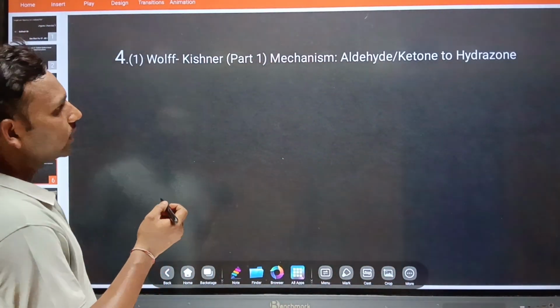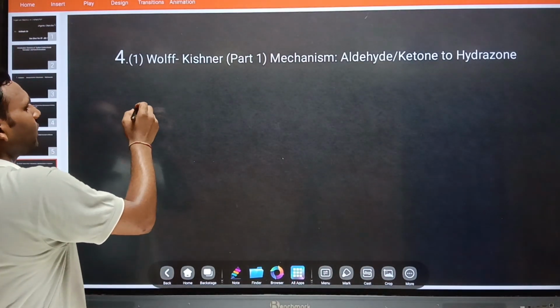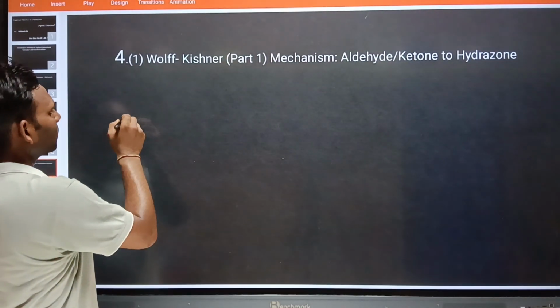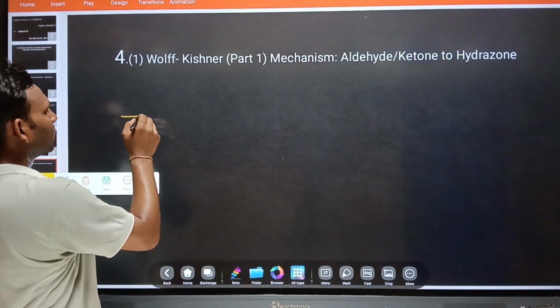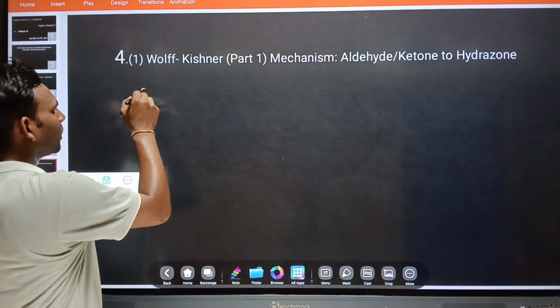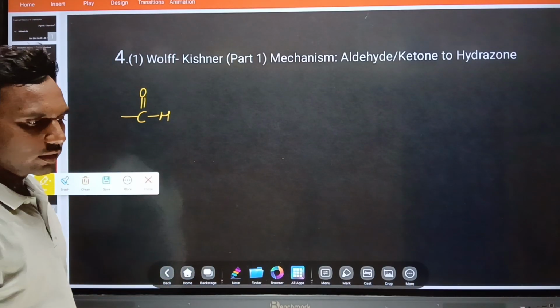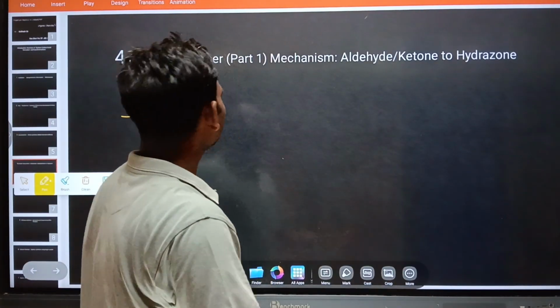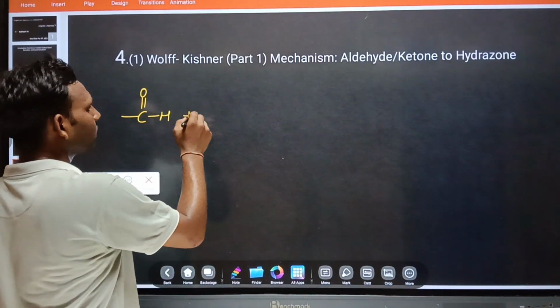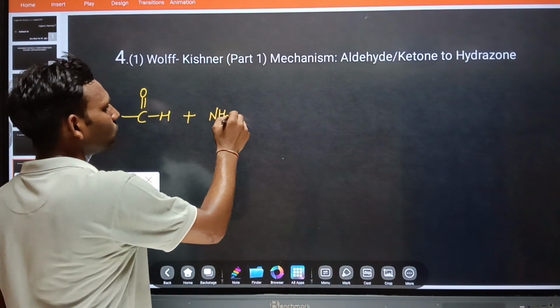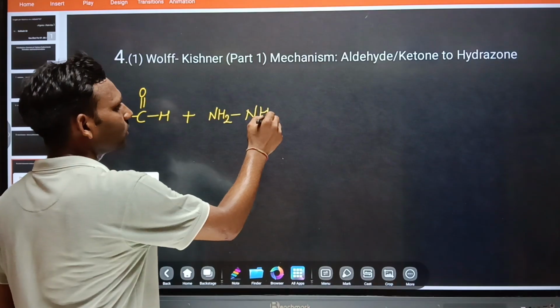Here the first example is an aldehyde, C double bond O H. That is the aldehyde group, and it reacts with hydrazine, NH2, NH2.